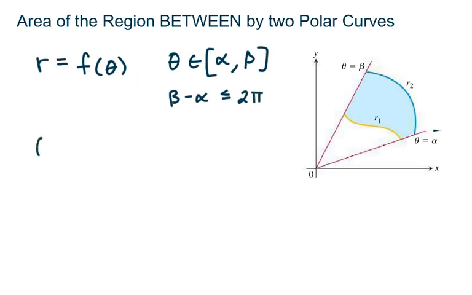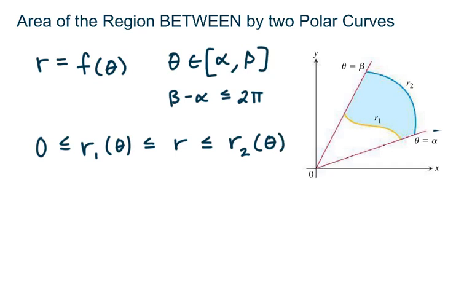So if we have some positive radius, we'll call it r sub 1, in terms of theta, and we know there is a radius in between r sub 1 and the outer radius r sub 2 of theta.